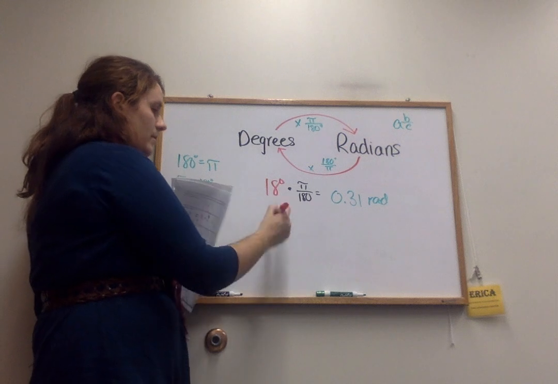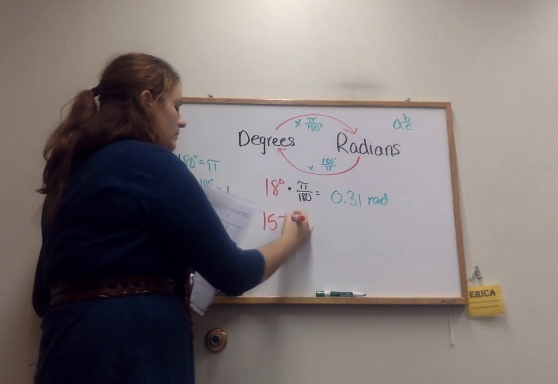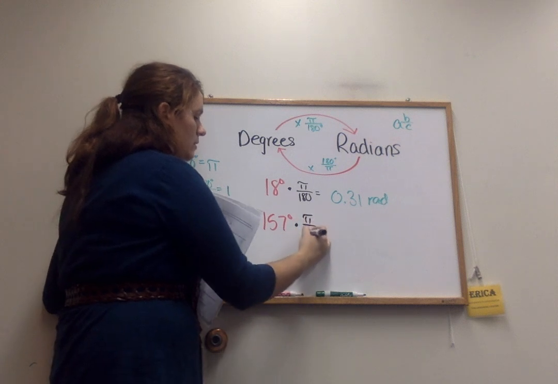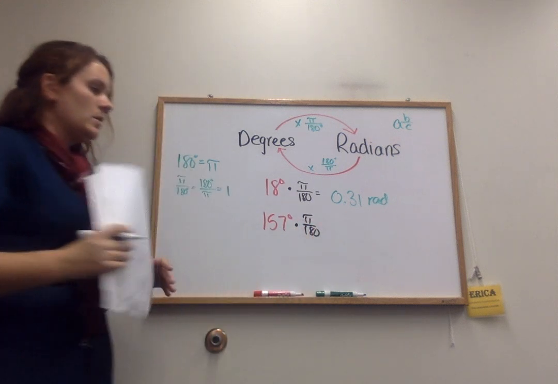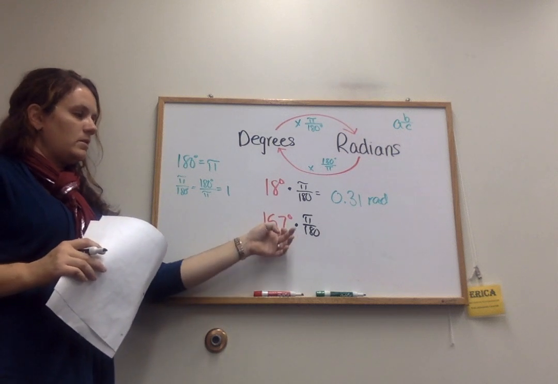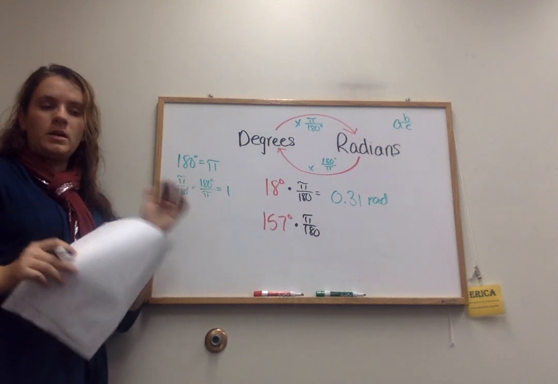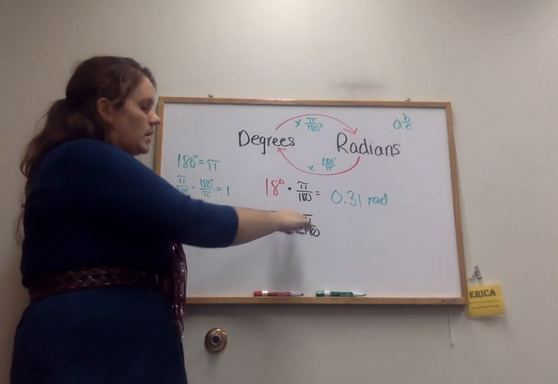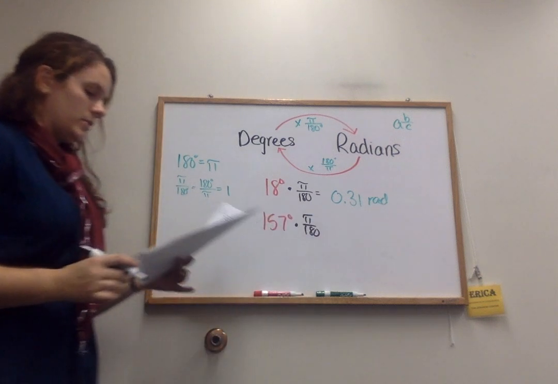We could do the same thing with 157 degrees, multiplied by pi over 180. So you should go ahead and try that in your calculator. 157 times pi, and again, use the pi button. Don't just use 3.14. And that answer divided by 180.